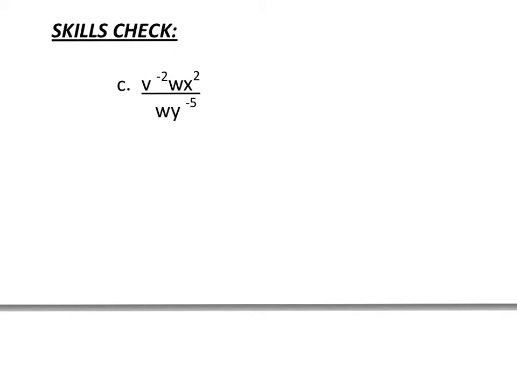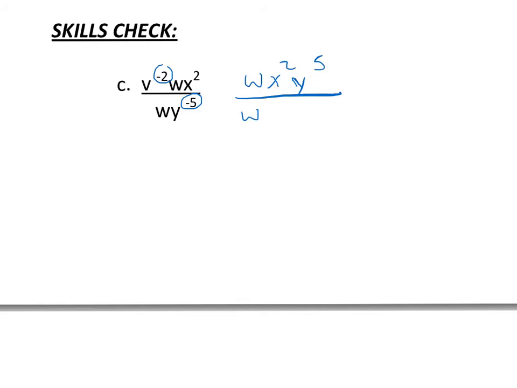Let's start with the v. We see that the v has a negative 2 power, so that's going to need to move, as well as the y to the negative fifth. So we would have w x squared that was already on top, and then a y would be raised, and the power would change to a positive. On the bottom we had a y.